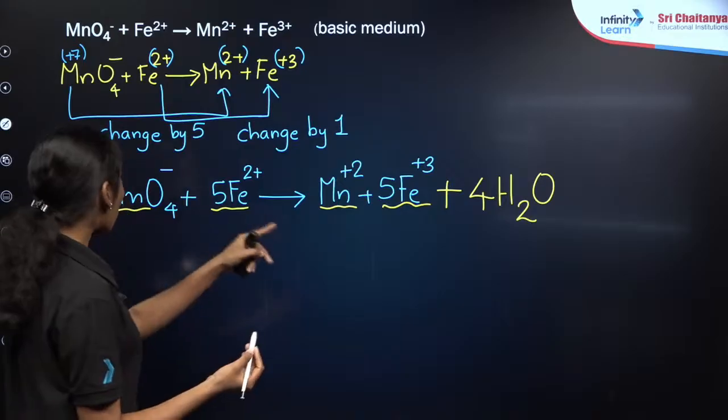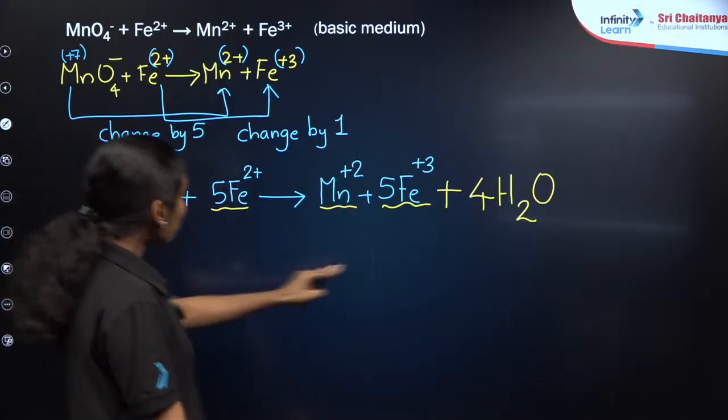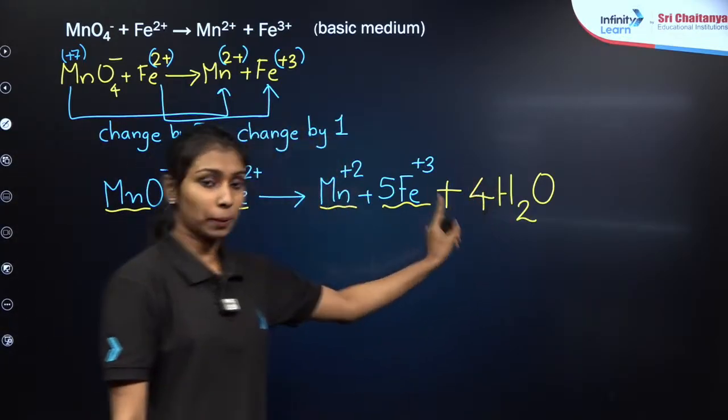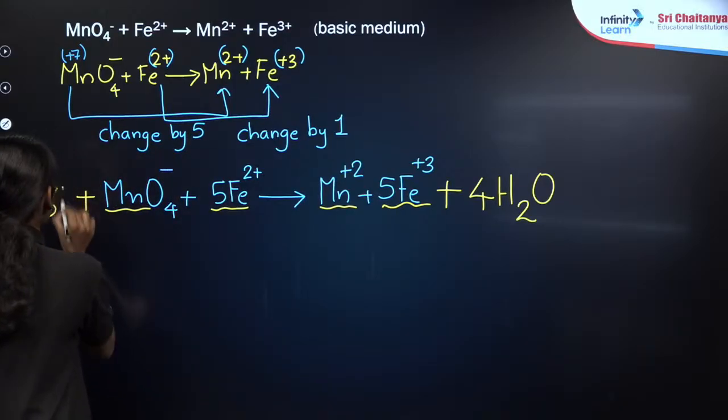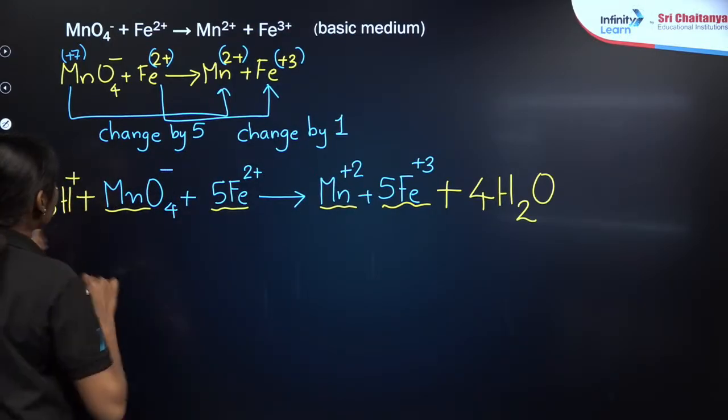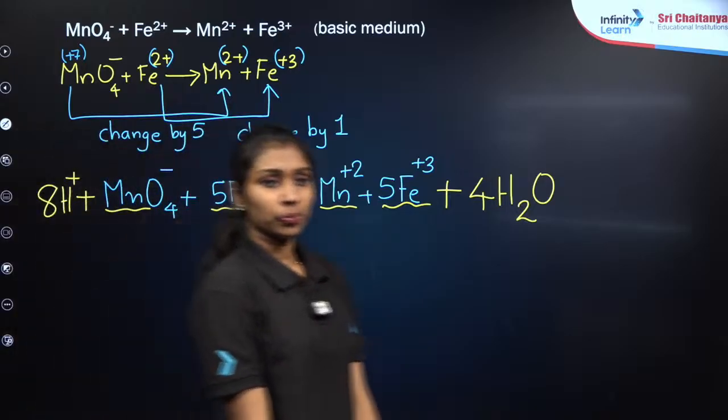Then the next step, you have to balance the hydrogen atoms. On the product side, it is 4 into 2, 8 hydrogen atoms. Now to balance, you will add 8 H plus ions to the reactant side. Clear?